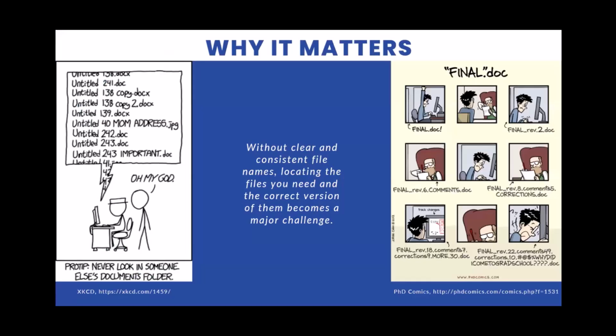And before we get into what that is, I want to talk a little bit about why it matters. And I think these 2 comics illustrate it very well. I'm sure we've all run into situations before, like the comic on the left, where either on our own computer or someone else's, we have just a very large number of files, but none of the names of them are descriptive. We have no idea of knowing what's what.